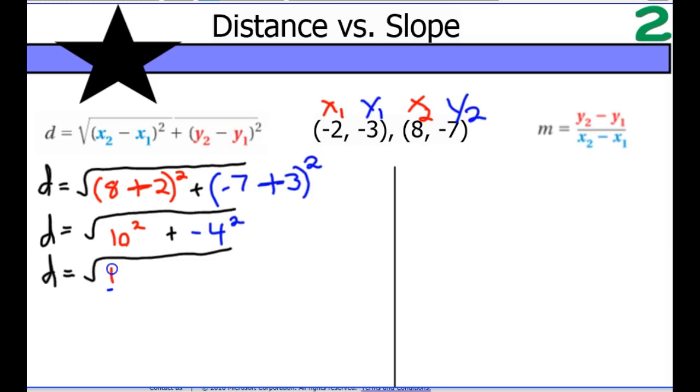10 squared is 100. 10 times 10 is 100. Plus negative 4 squared. Negative 4 times negative 4 is 16. So 100 plus 16. Now to find d, it's the square root of 100 plus 16, so 116.